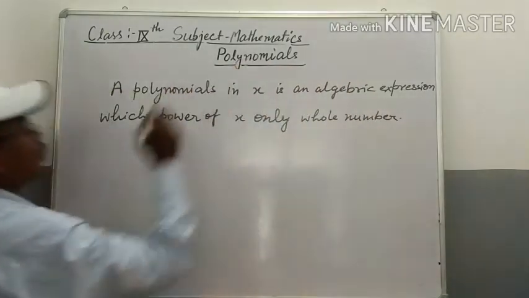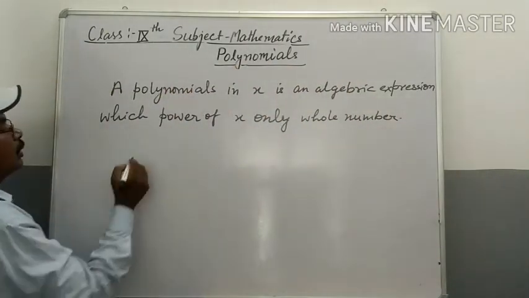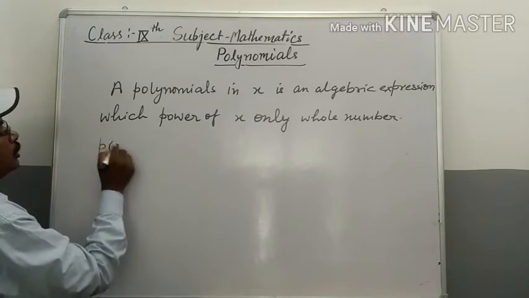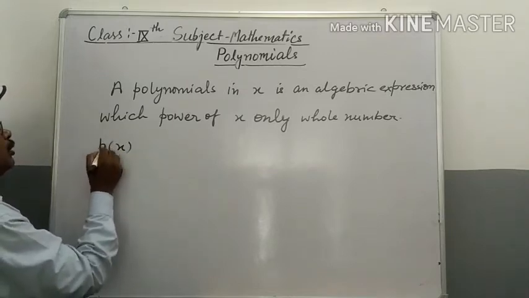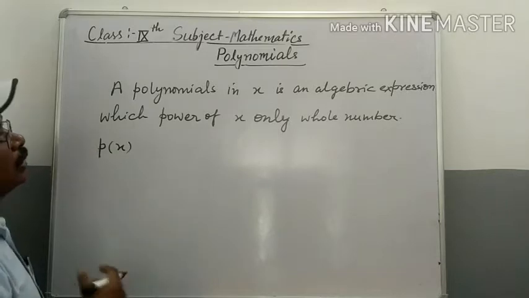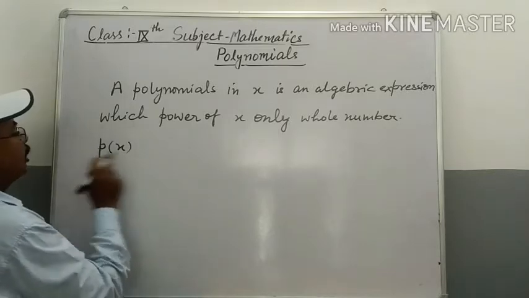Students, for the general form of a polynomial, p(x), P stands for polynomial and x is the variable.